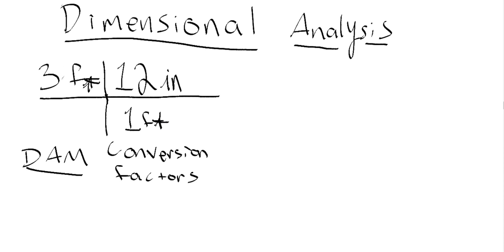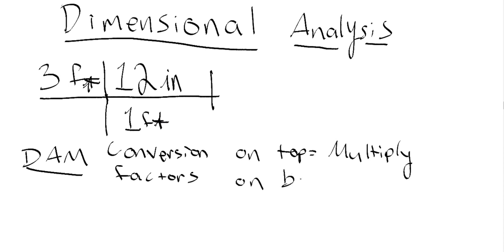So 3 feet is where we start, and inches is where we want to be. So if it's something on top, you multiply it. If it's on the bottom, then it divides.